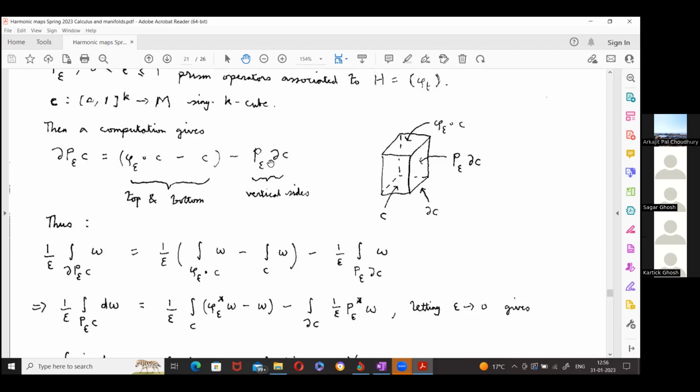So this Cartan formula comes by taking duals in this formula for the boundary of the prism operator, dividing by epsilon and letting epsilon tend to 0. You see. So the Cartan formula is an infinitesimal version of this formula for the boundary of the prism operator. That's all it is. Okay. It's just the dual formula. Is it clear?